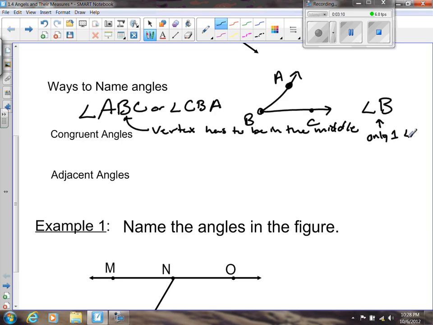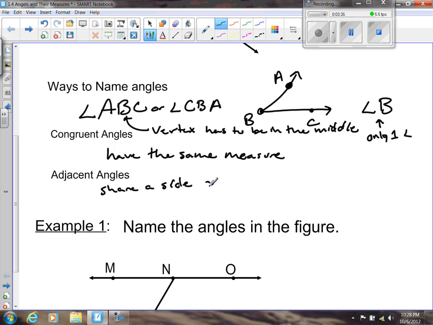Okay. Congruent angles have the same measure. Adjacent angles share a side. This is my definition of it.